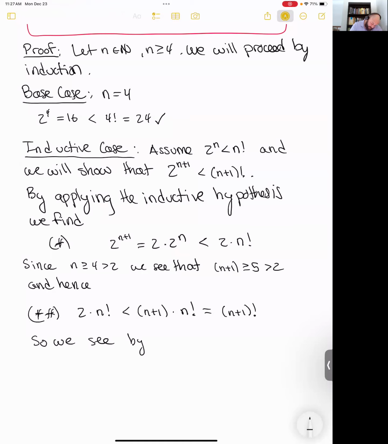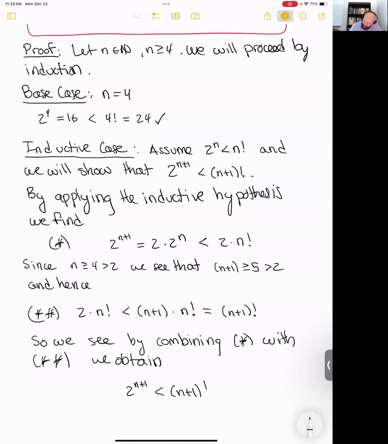We see by combining star with double star, just to make it really clear to the reader, we obtain that 2 to the n plus 1 is less than n plus 1 factorial.